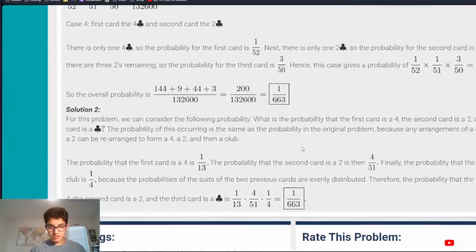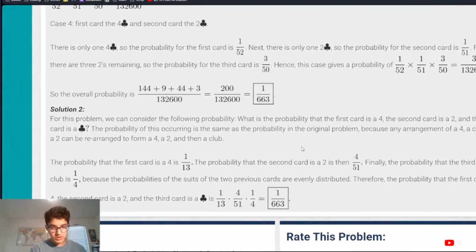Okay, let's see this question here. The probability that the first card is a 4 is 1 in 13. So what's the probability that the first card? Okay, we could have done it in a different order. That's what the second solution is saying.